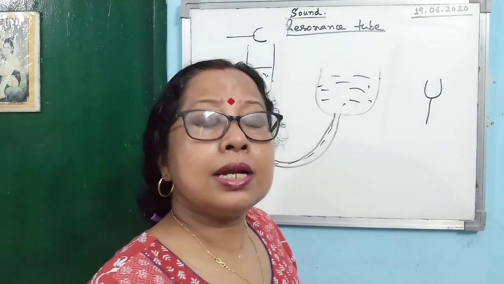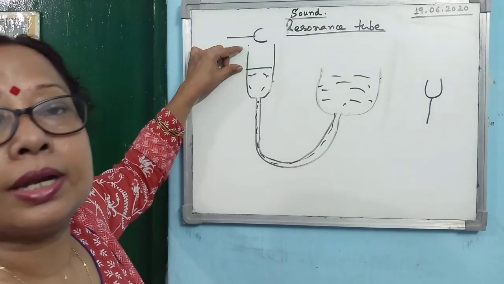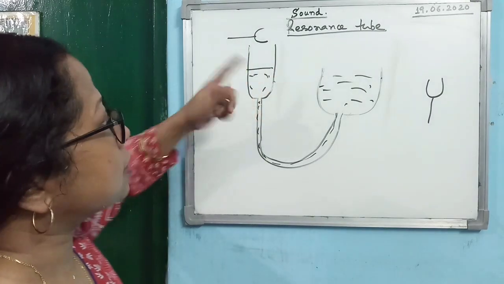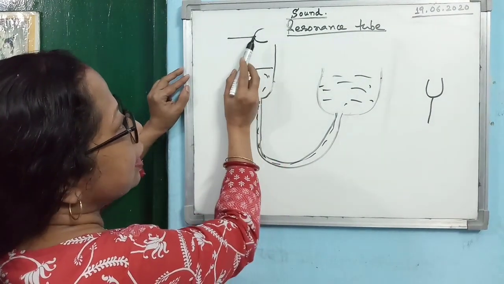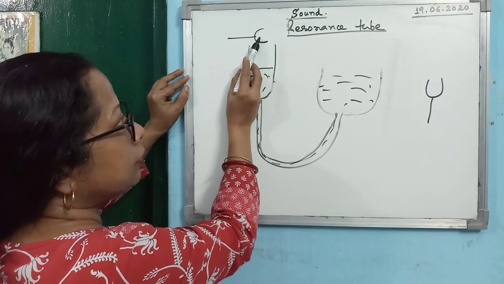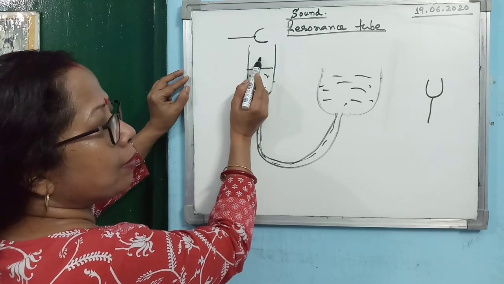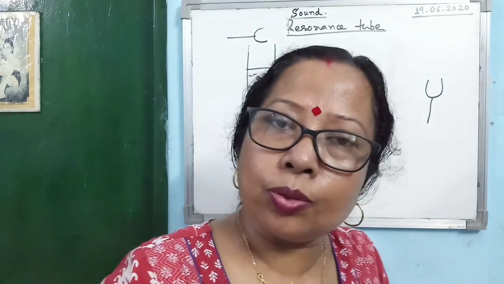Now why can you hear the louder sound? Because resonance takes place. Now the question is, why does resonance take place? Because the frequency of vibration of the tuning fork becomes equal to the frequency of vibration of the air column. I hope you have understood what I said.